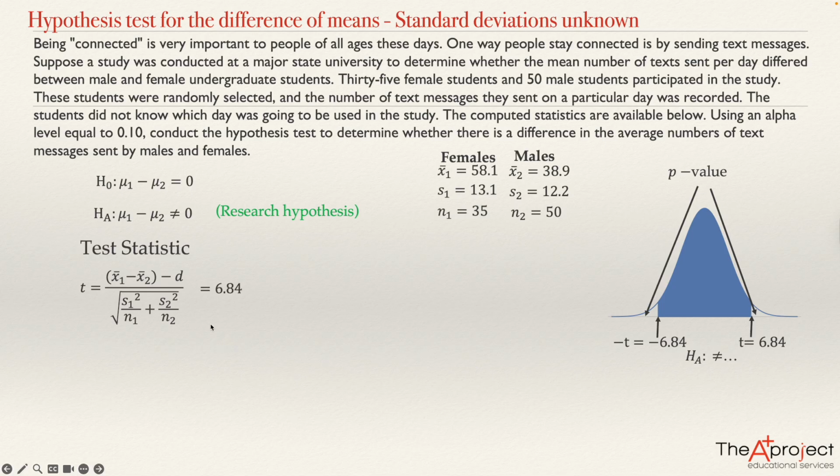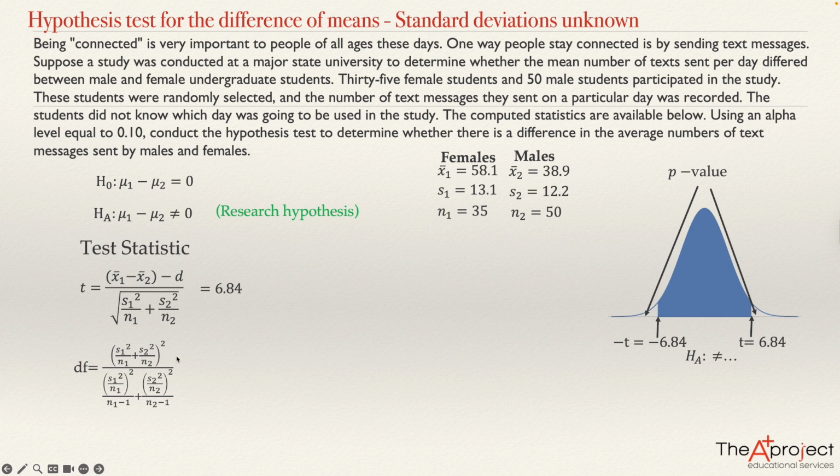Because there is nothing that says that the standard deviations must be equal, we are considering two different standard deviations. Two different standard deviations mean that we need to compute the degrees of freedom, and this is given by a formula. So if we consider that the two standard deviations are different, this is the formula for computing the degrees of freedom.